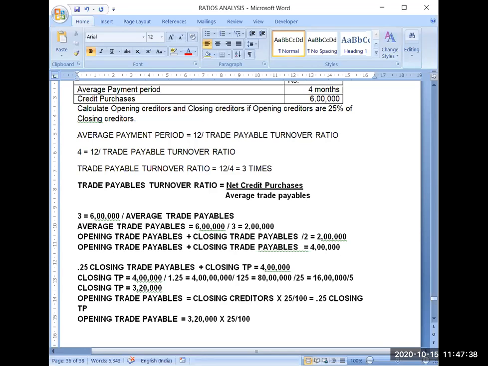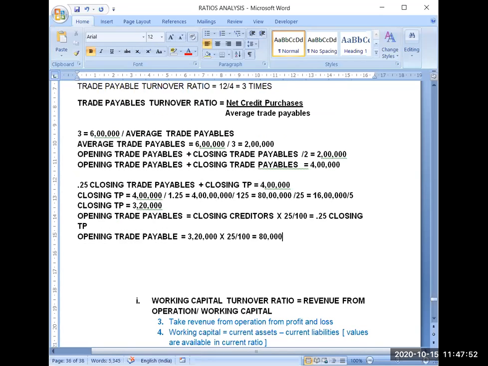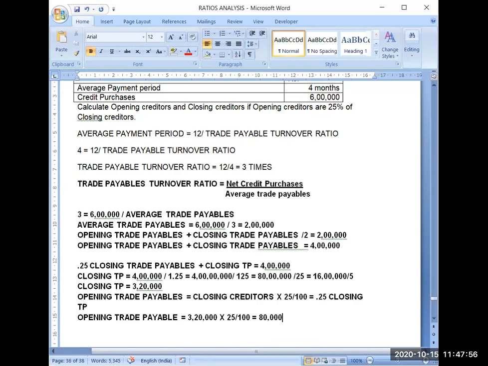So 25% of it will be 1 upon 4. So it will become 80,000. So this way we have calculated the opening and closing trade payables, or opening and closing creditors, with the help of the information given in the question.